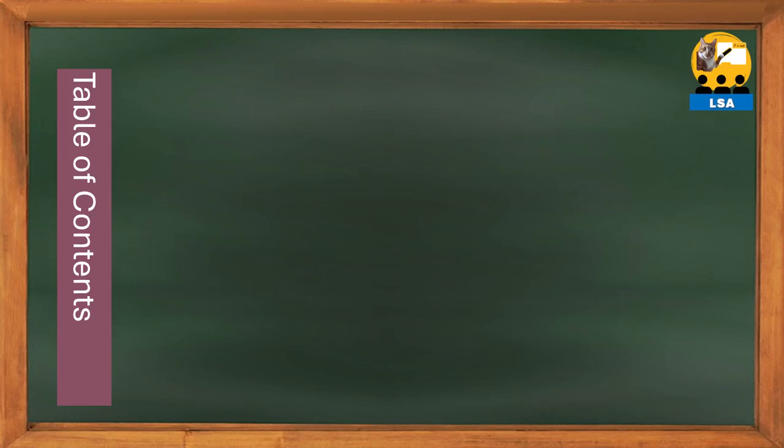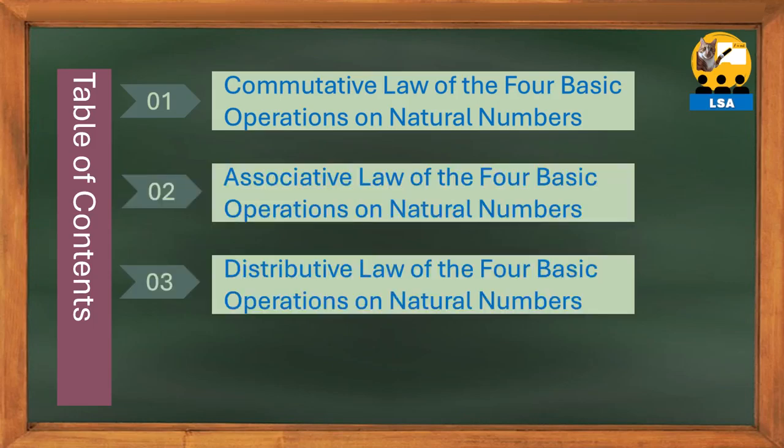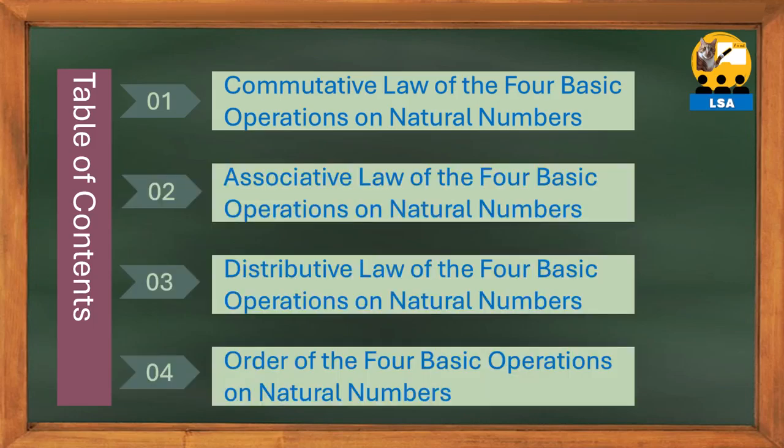There are various operation rules applied to make calculations fast and easy, but as representative operation rules applied to the four basic operations on natural numbers, we will study the commutative law, associative law, and distributive law, and look at the order of operations, which is the order in which operations should be performed when various operations are mixed in actual calculations.